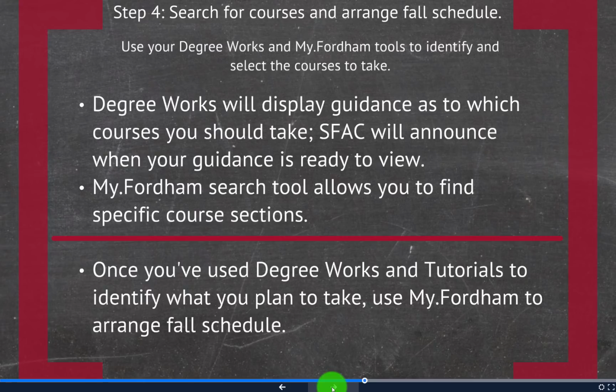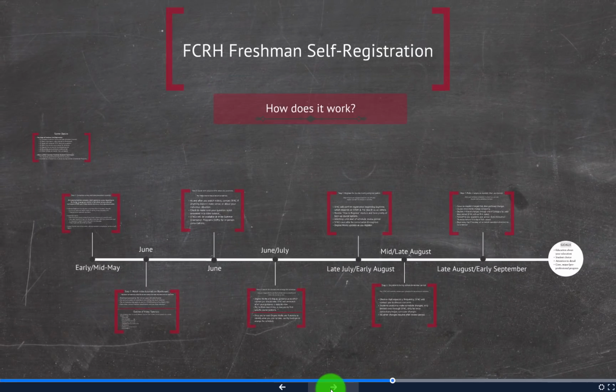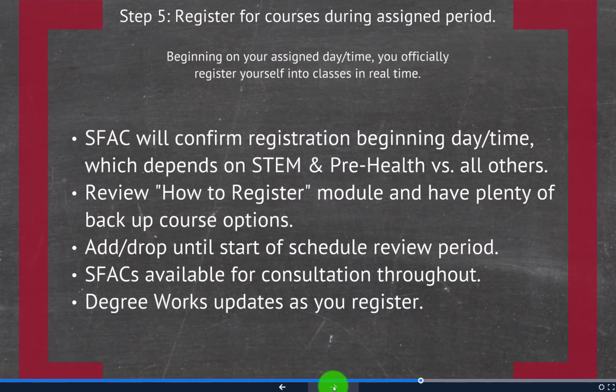As you do this, you'll be assembling your fall schedule, which leads us naturally into step 5, which will take place in late July or early August, depending on your planned curriculum. Your SVAC will confirm for you the beginning day and time at which you can register, and this will depend on whether you are a STEM or pre-health student or if you are not one.